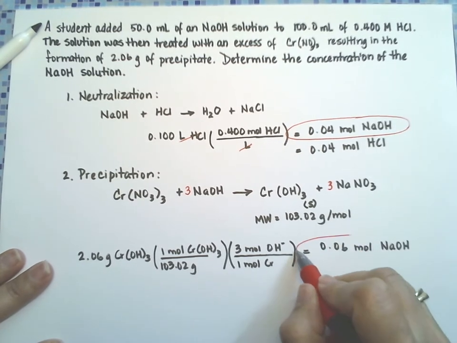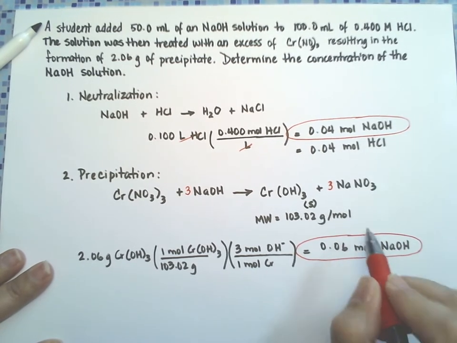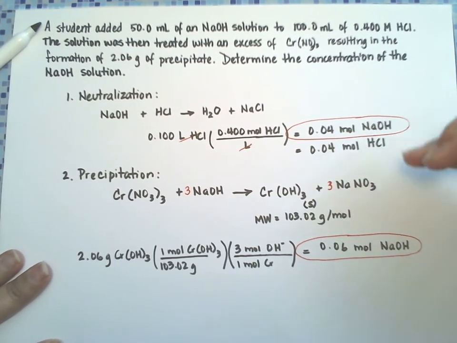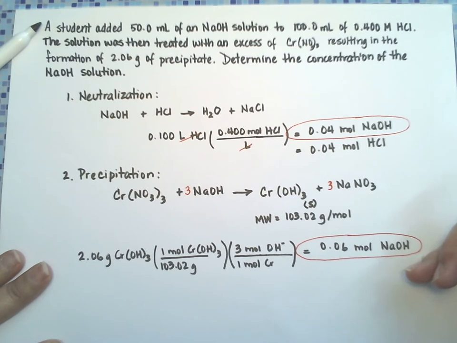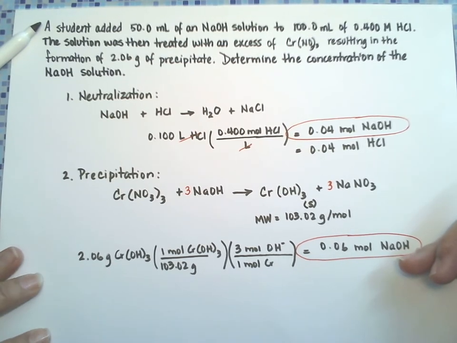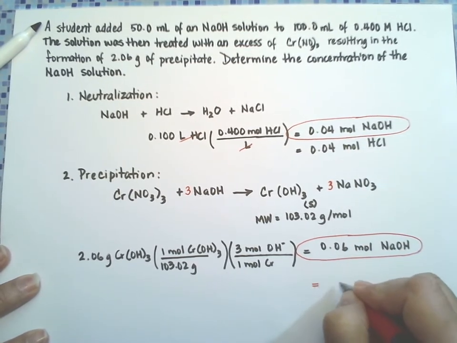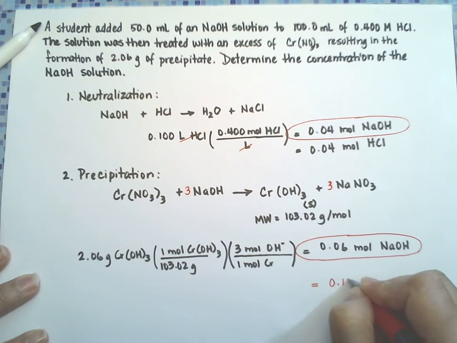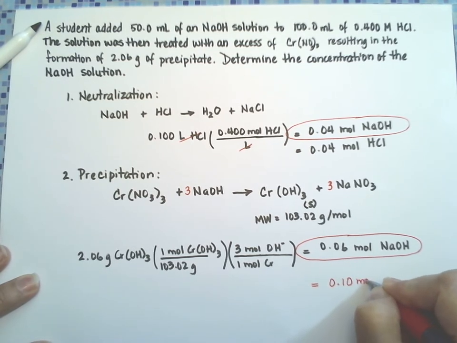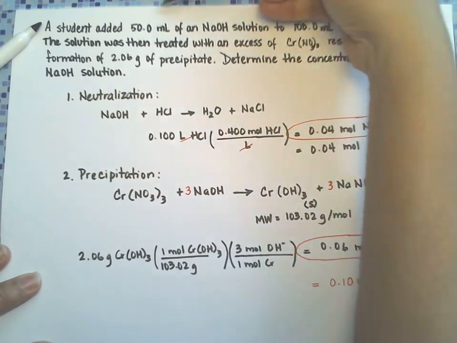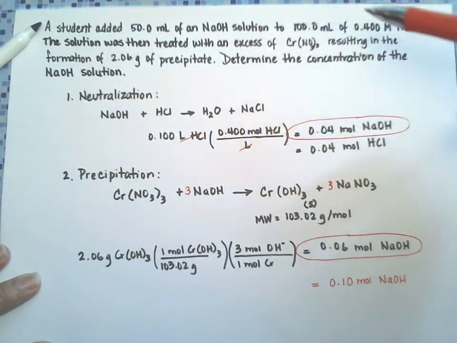The second reaction used this much sodium hydroxide. So there was enough sodium hydroxide in the reaction for both reactions. So I'm going to add this real quick, and that gives me that I had 0.1 mole of sodium hydroxide in my original solution right here in the 50 milliliters of sodium hydroxide that they gave us.